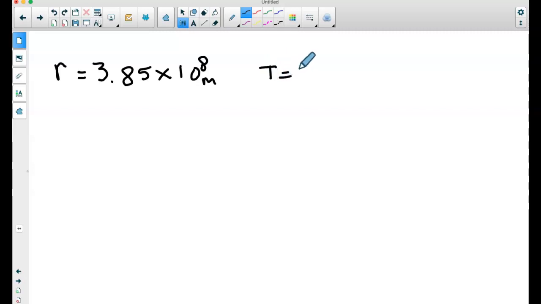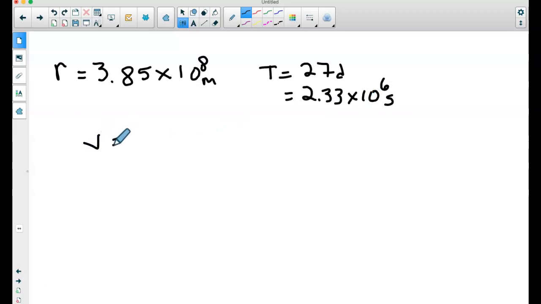The moon's period, so the time it takes to orbit all the way around the Earth once, is 28 days. Because we're going to compare the centripetal acceleration to our value for g, which is in meters per second squared, I went ahead and converted these days into seconds, and I got 2.33 times 10^6 seconds.